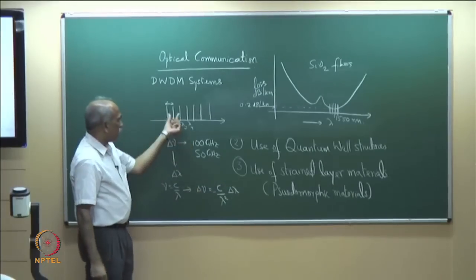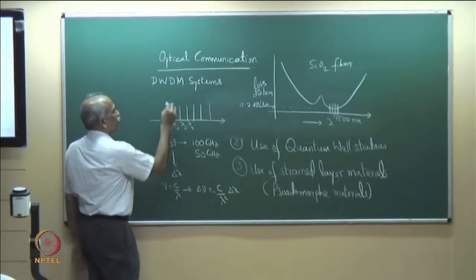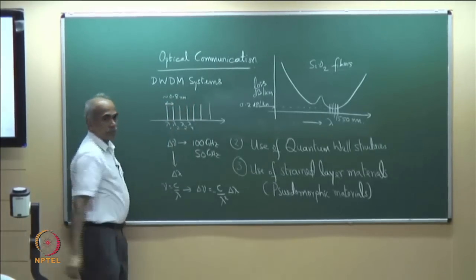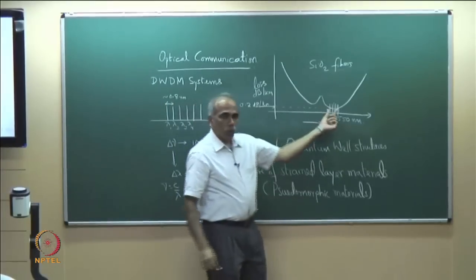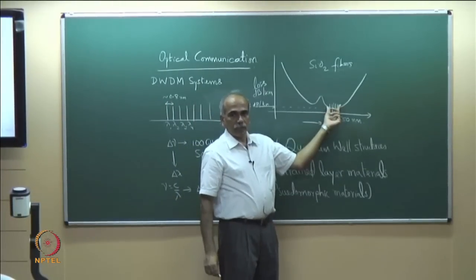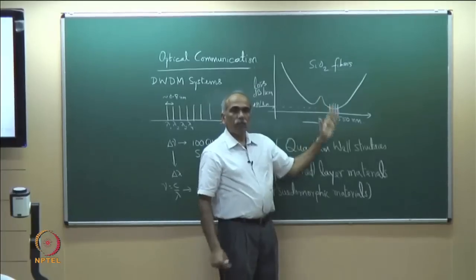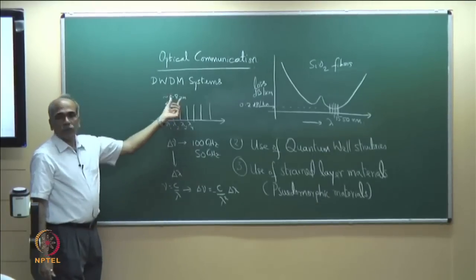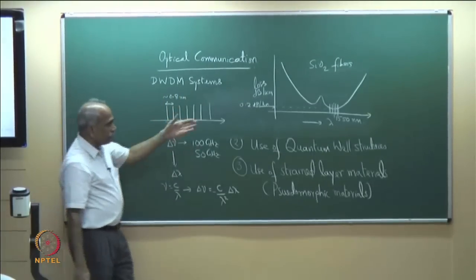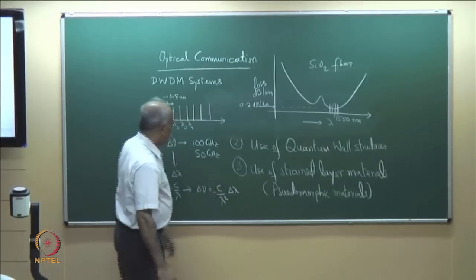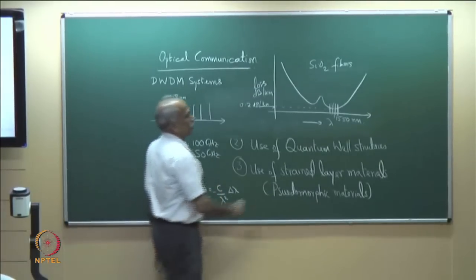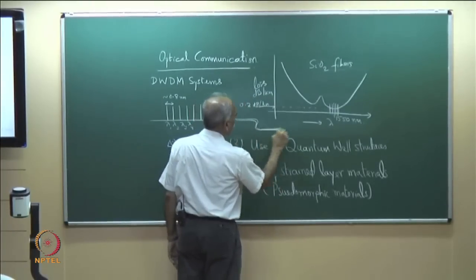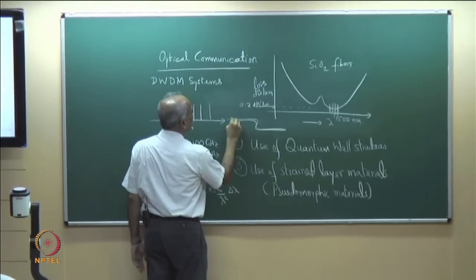This means 100 gigahertz spacing corresponds to approximately, please verify this, 0.8 nanometer separation. So, in this low loss window around 1550 you can insert a large number of wavelengths with a separation of approximately 0.8 nanometers in the same fiber, which means the optical fiber carries all these wavelengths at the input.